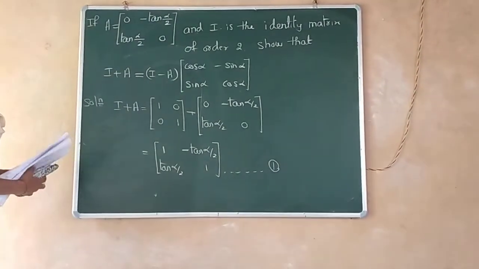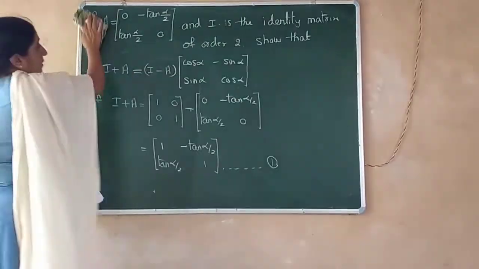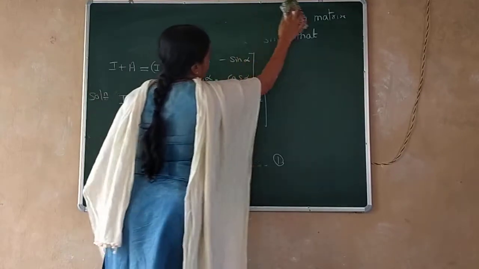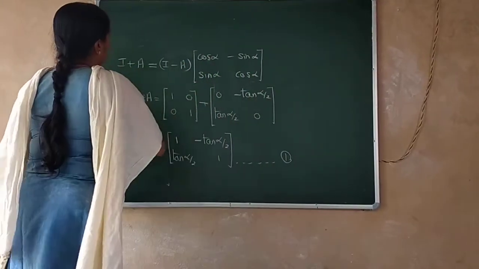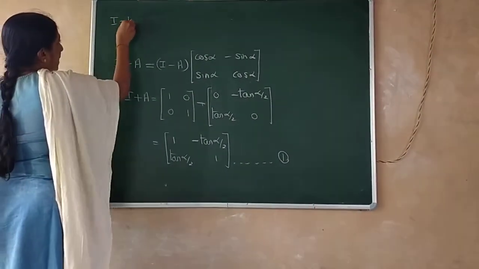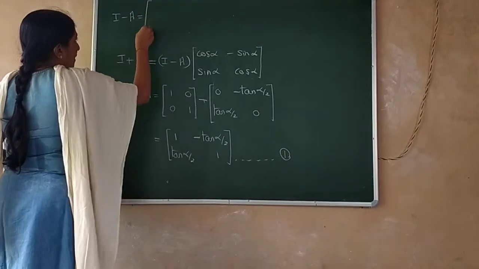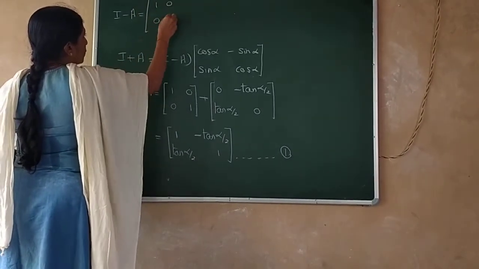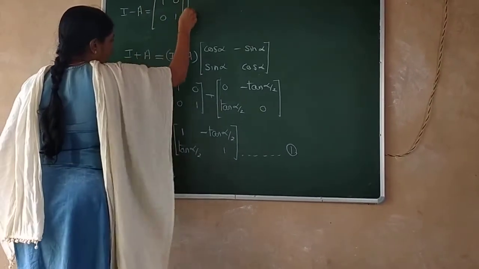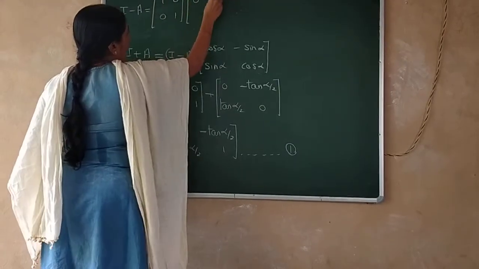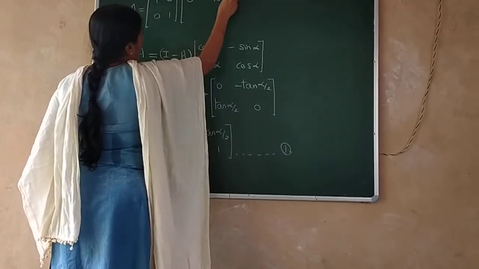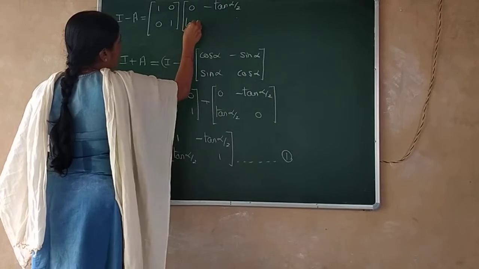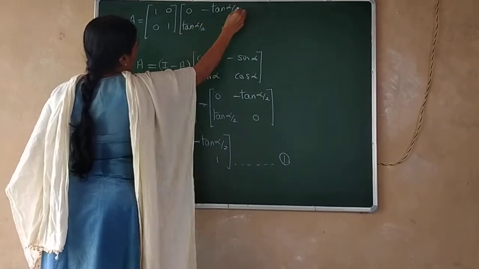I think till here you are getting. Now I am solving the right side. First we have to write I minus A. I is 1 0 0 1. A is 0 minus tan alpha by 2, tan alpha by 2 0.